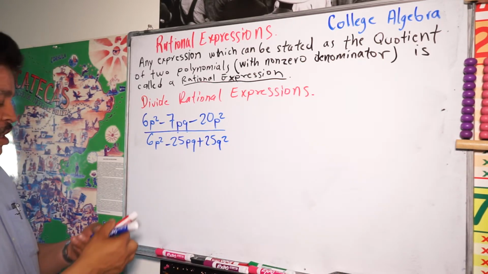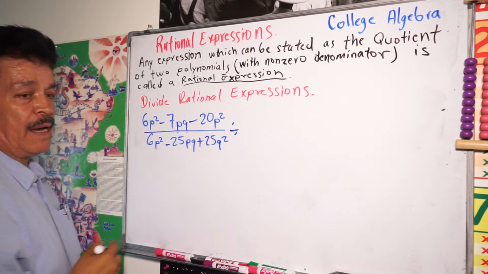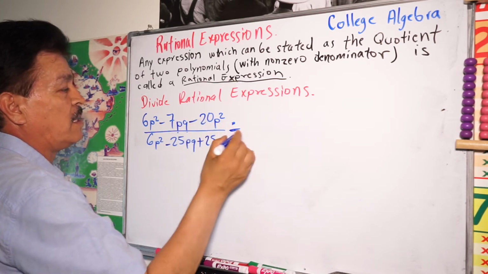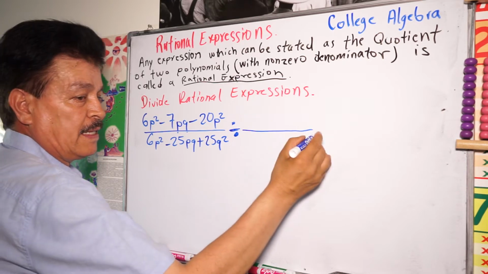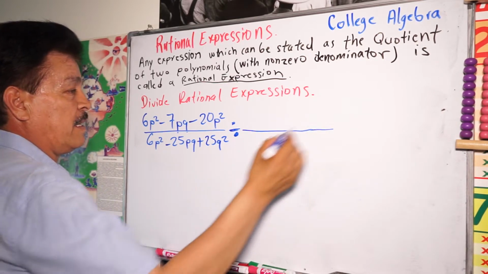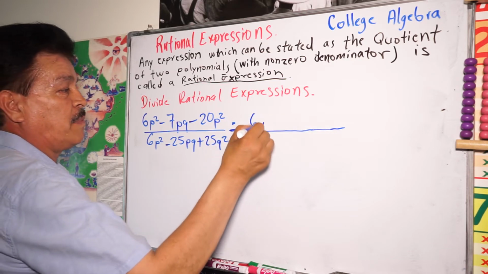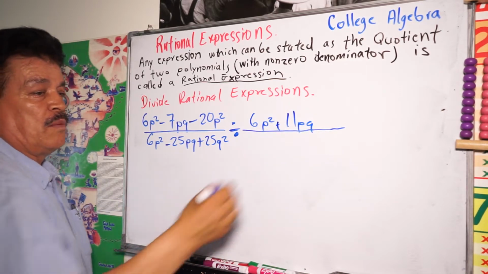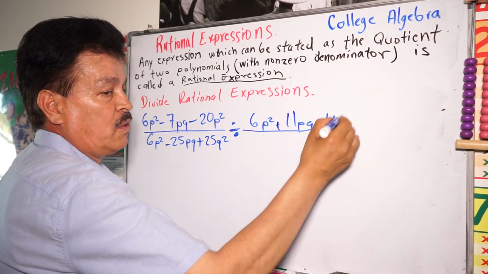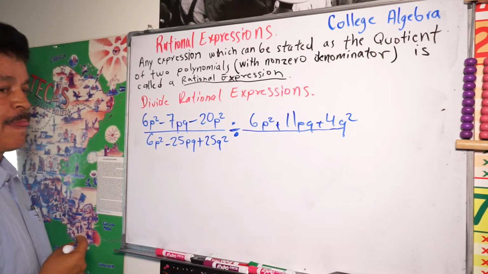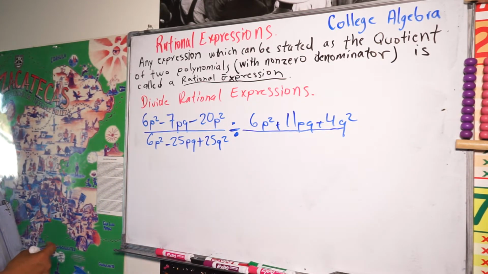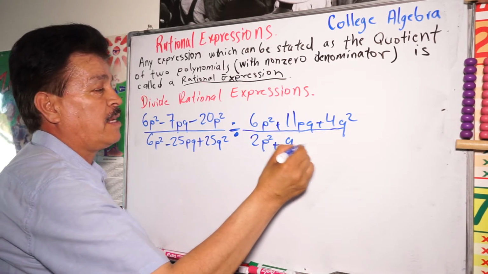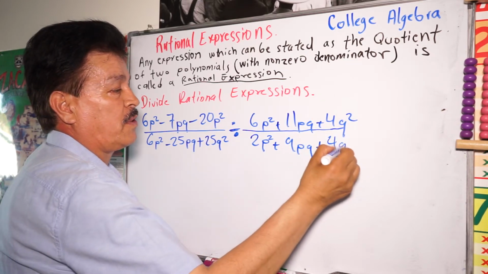Like that. So divide this rational expression by 6p squared plus 11pq plus 4q squared over 2p squared plus 9pq plus 4q squared.